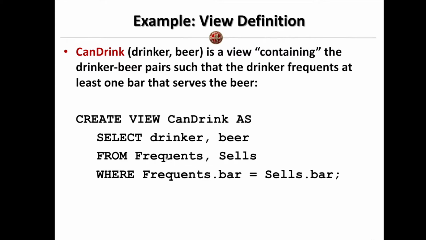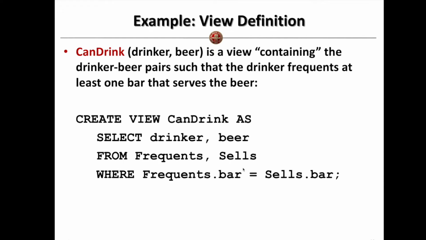So we can create a view as shown in the photos. Create view CanDrink as select drinker, beer, because we require drinker and beer, right? Select drinker, beer from Frequents and Sells, where Frequents.bar equals Sells.bar, semicolon.